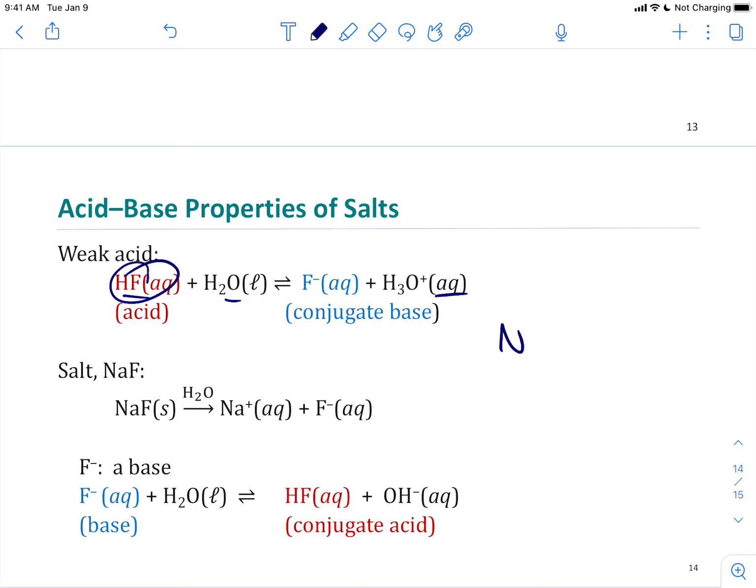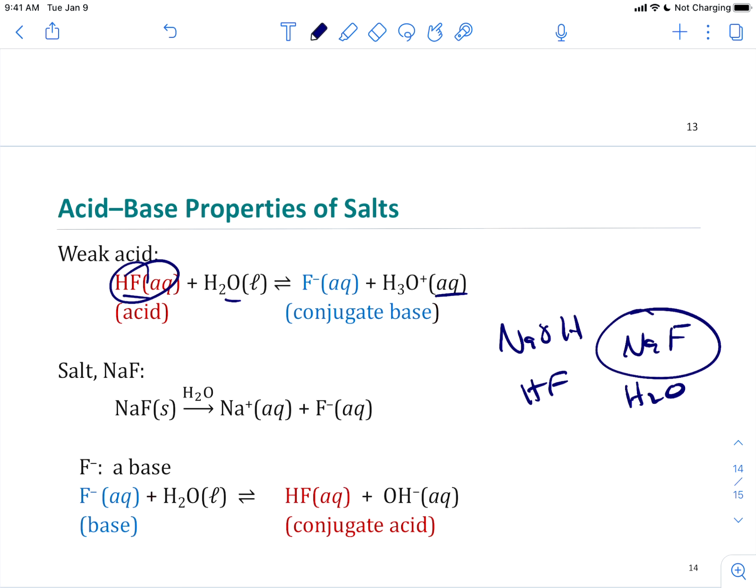So you can imagine sodium hydroxide and HF combined to give you NaF and H2O. That's what the neutralization reaction would give you. If you mix sodium hydroxide and HF, you get sodium fluoride and water. So this is considered a salt.